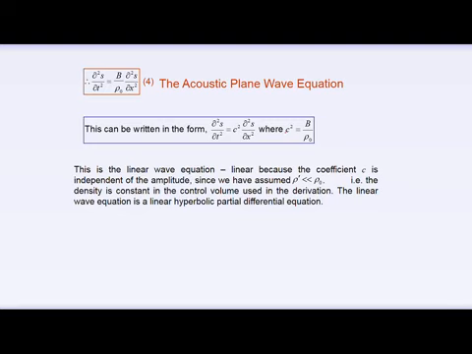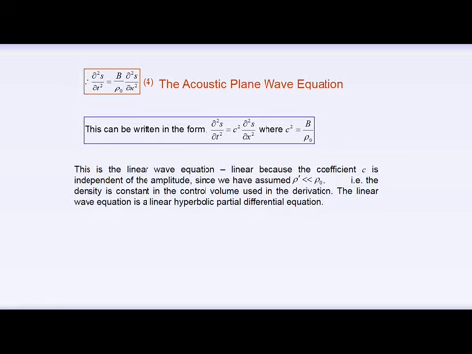So this is the linear wave equation. It's linear because this coefficient c is independent of the amplitude of the wave, and this comes about because we've assumed things like the density fluctuation is small compared with the mean density. So the density is about constant in the control volume. We used that in the derivation of this equation.